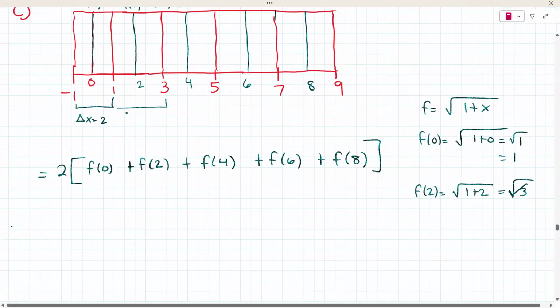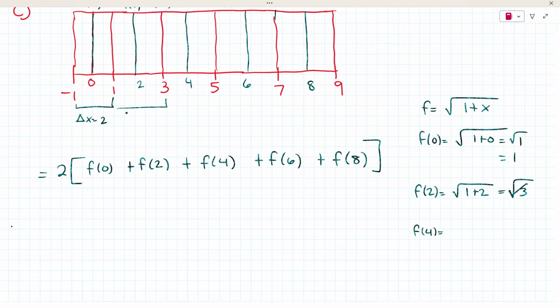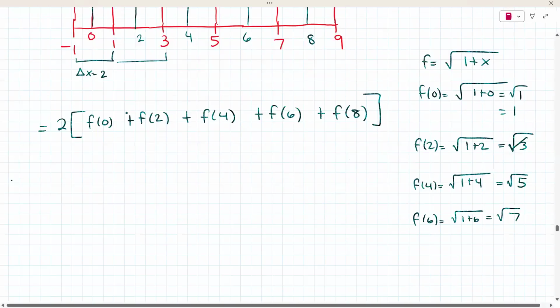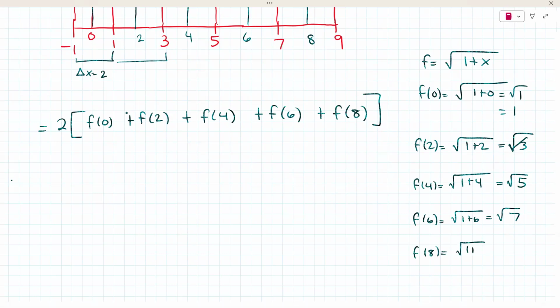If you plug in f of 4, that's 1 plus 4, which is square root of 5. And then if you plug in f of 6, that's 1 plus 6, which is square root of 7. And then if you do f of 8, it would be 1 plus 8, which is square root of 9. And we know that's 3.